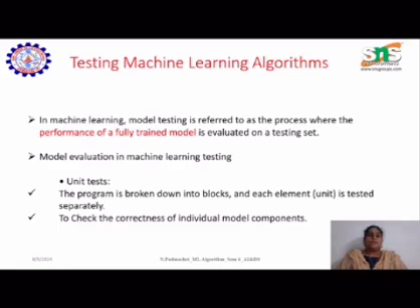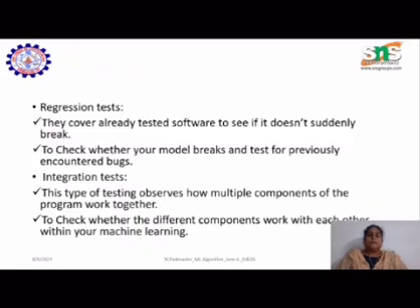The next type of testing is regression testing. As we all know, regression is a process of predicting continuous values. It covers the already tested software to see that it doesn't suddenly break, to check whether your model breaks, and to test for previously encountered bugs.